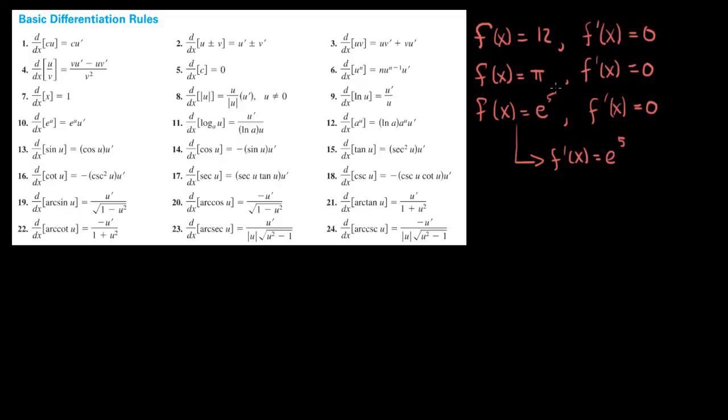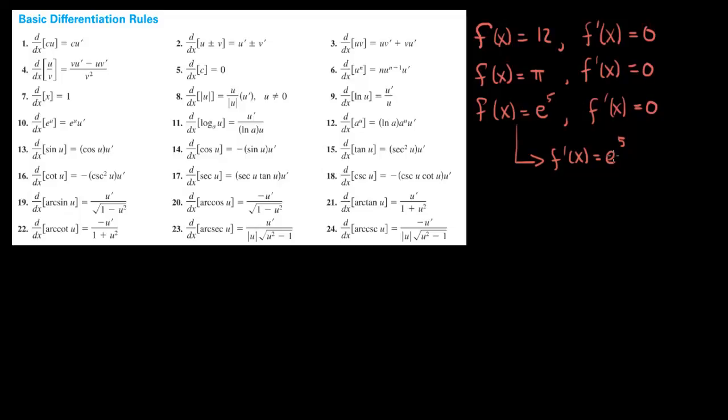Now, if it was e to the x, that would certainly be the case, because the derivative of e to the x is e to the x. But the derivative of e to the 5 is not e to the 5.